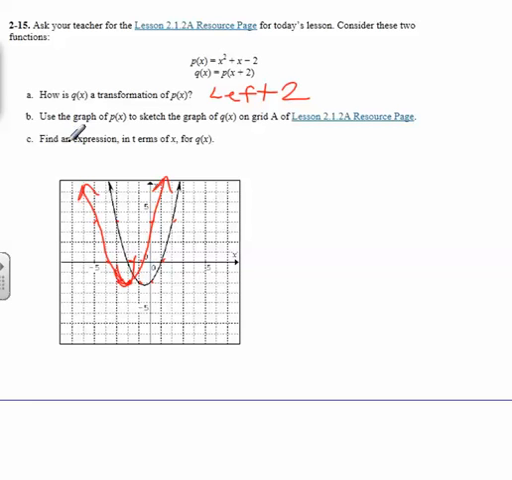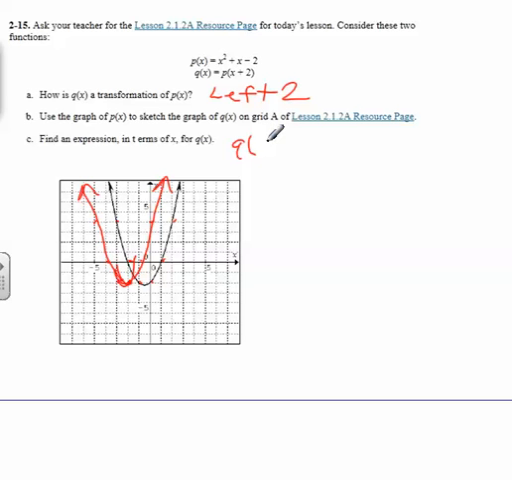So find an expression in terms of x for this right here. So basically we are plugging in for p of x the x plus 2.